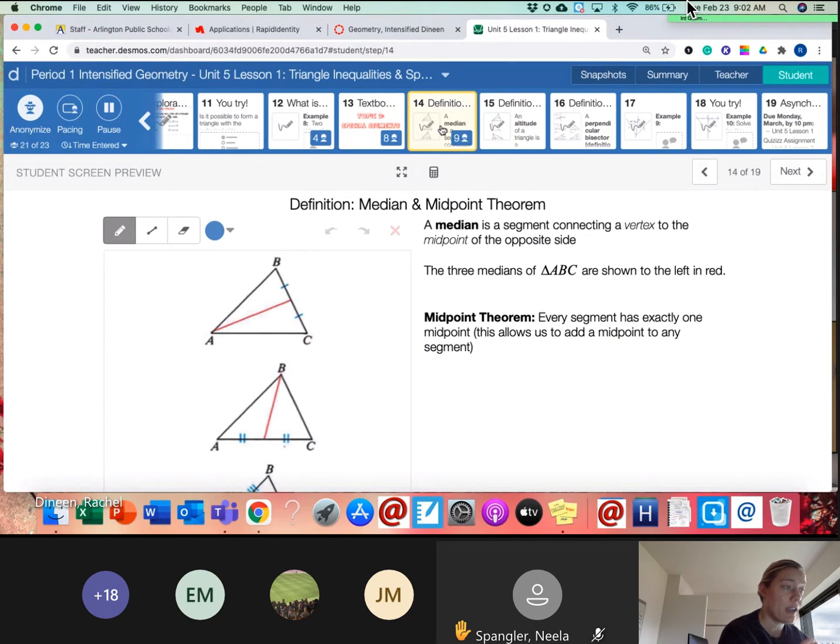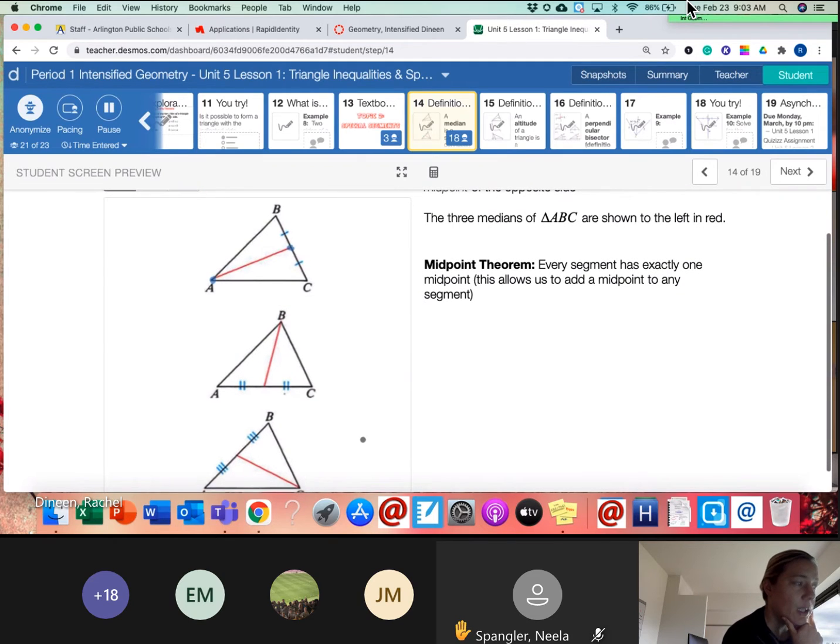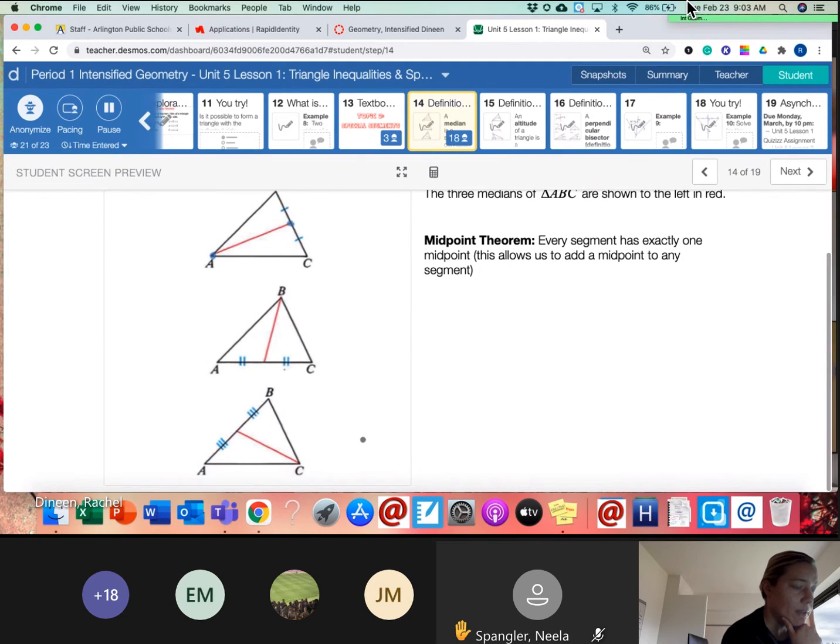So first, slide 14, definition of median. A median is a segment connecting a vertex. So remember, here we have the vertex to the midpoint of the opposite side. So here we have the midpoint. Remember, midpoints cut the segment into 2 congruent pieces. So all 3 of these are medians of triangle ABC.